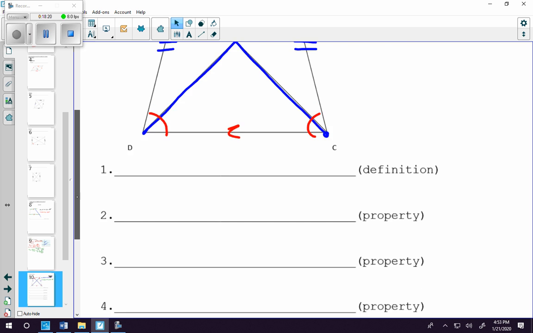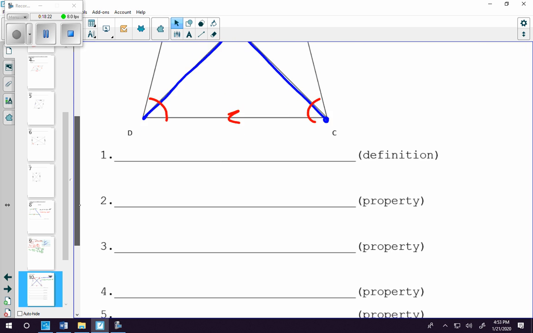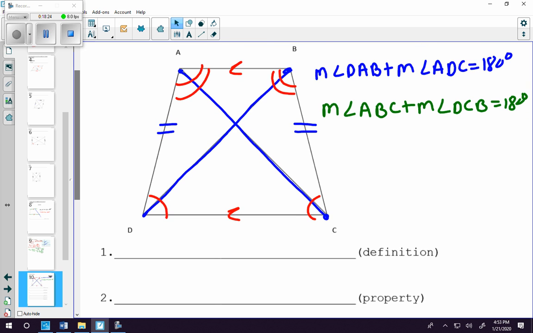In another property blank, we should have that the lower base angles are congruent and the upper base angles are congruent.